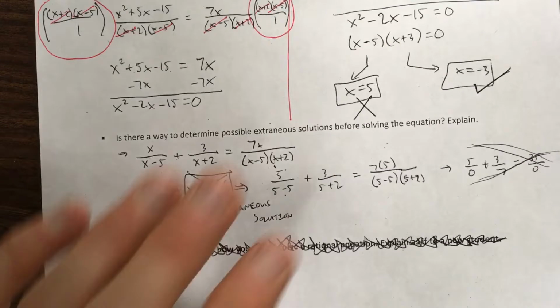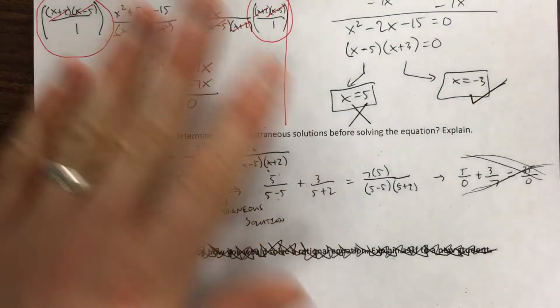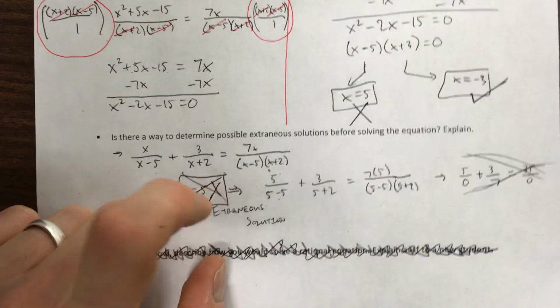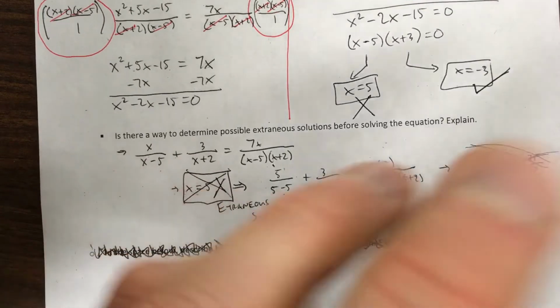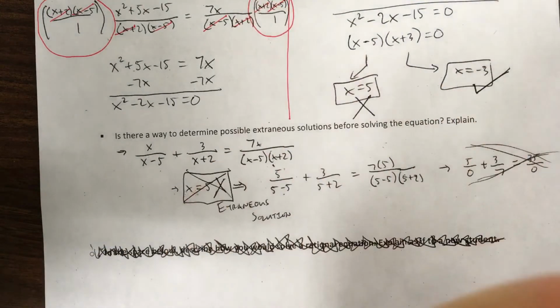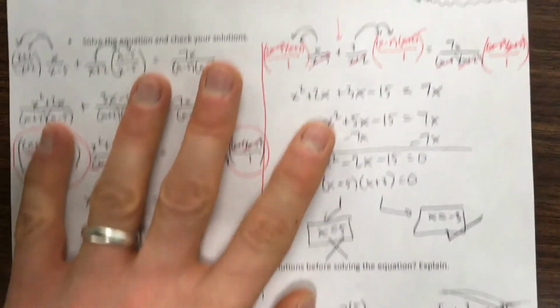Now, going back to the top, it would be great if we didn't have to check our work every time. If we could say these solutions and be confident that at least one of these is our solution without having to check our work. And we actually can.